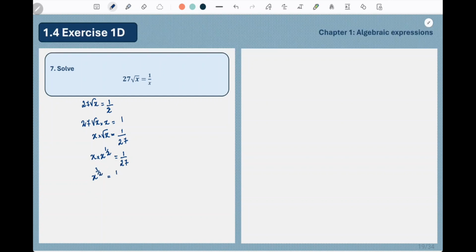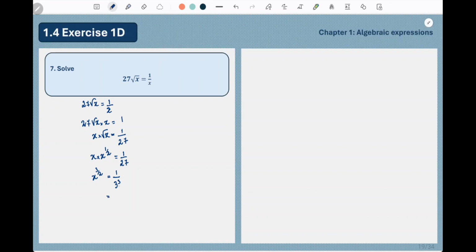And I have 1 over 27. So 27 can be rewritten as a power: 3 to the power of 3, okay? 9 times 3 is 27. 9 is 3 squared, so it's 3 to the power of 3, as you can see.